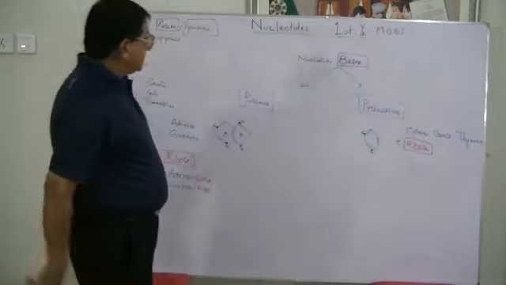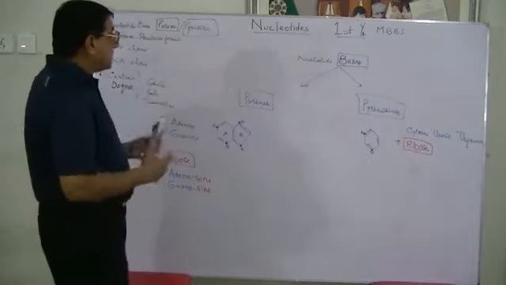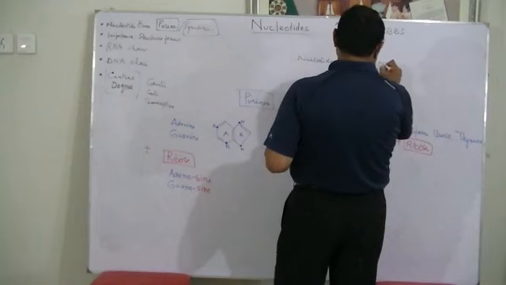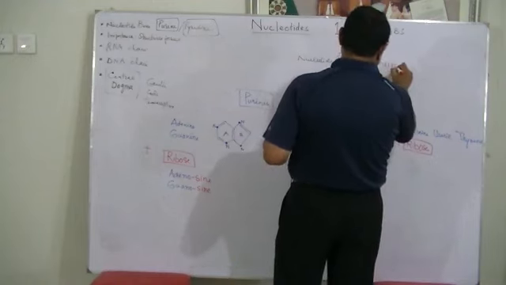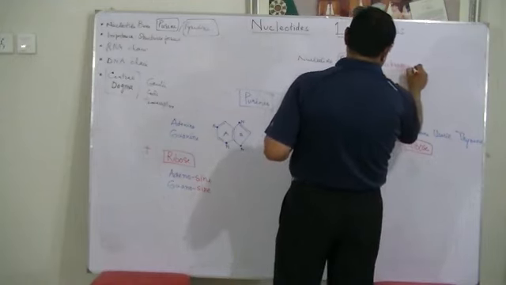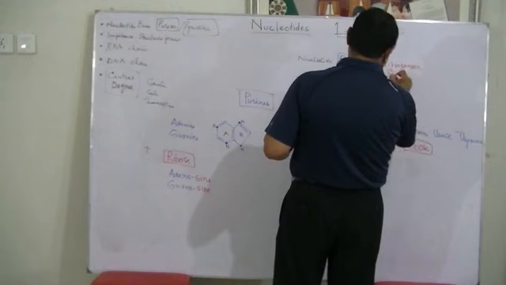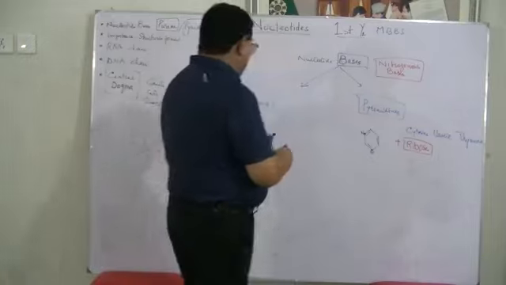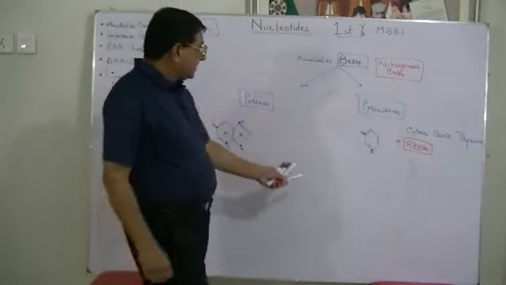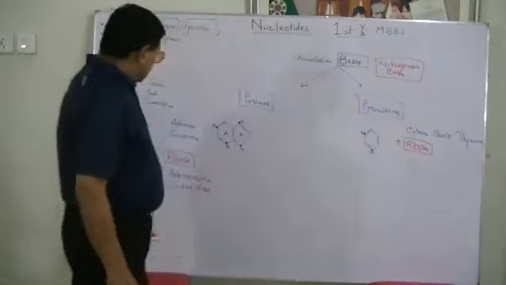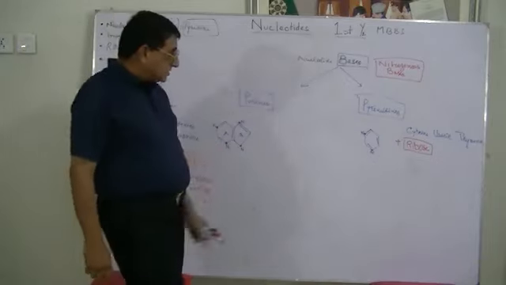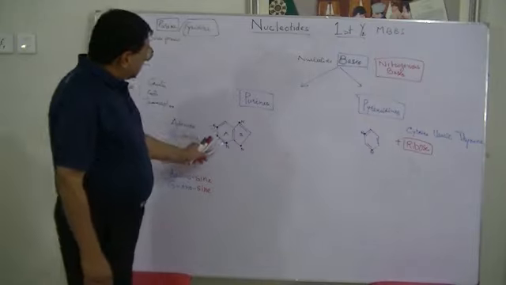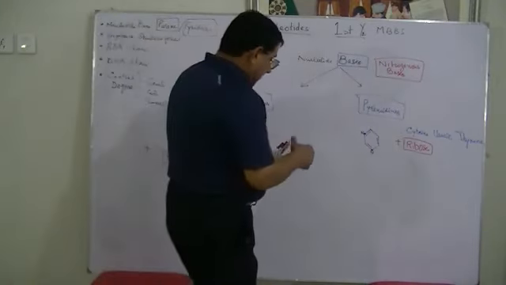So I repeat the nucleotide bases, the nitrogenous bases. There are two types, purines and pyrimidines. This is the structure of a purine, this is the structure of a pyrimidine. The nitrogenous atoms are present over here.